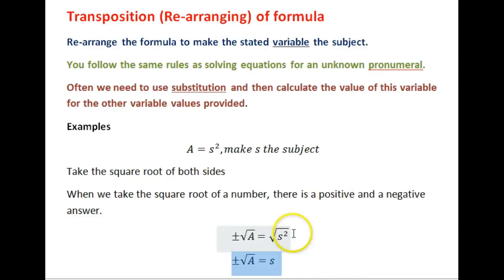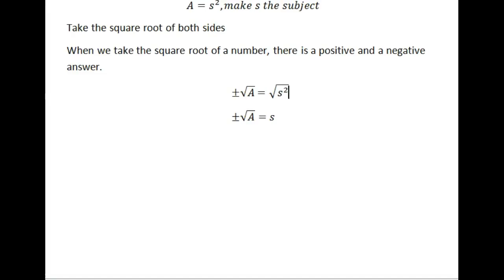So you don't have to write this step in once you understand it. We can go straight to this step here. Alright, we can flip it round. We usually write the unknown, or the thing we're trying to find, on the left hand side. So s is equal to positive or negative the square root of a.